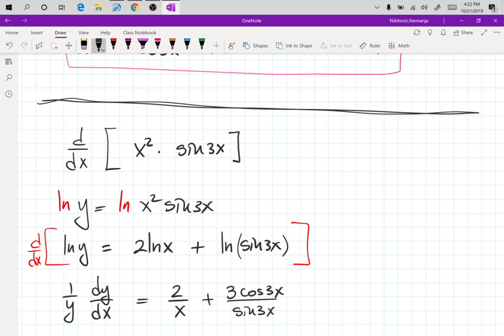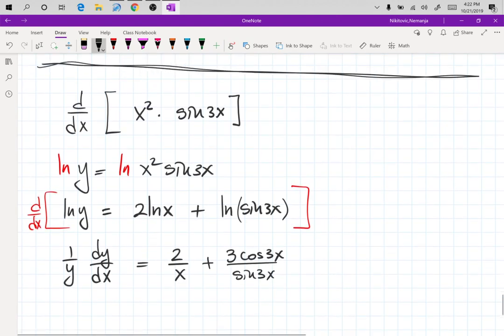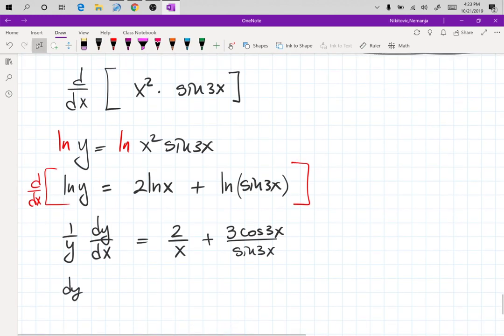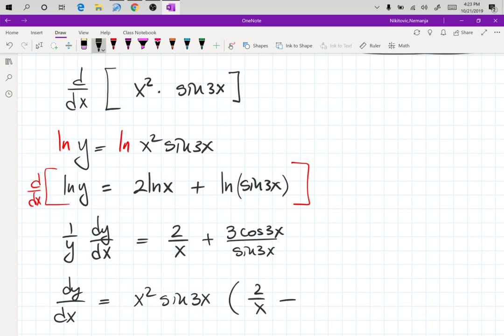So derivative of sine ax is a cosine ax. And this y will go to the other side. So dy dx is equal to y, which becomes our x squared sine 3x, times 2 over x plus 3 cotangent 3x. Done deal.